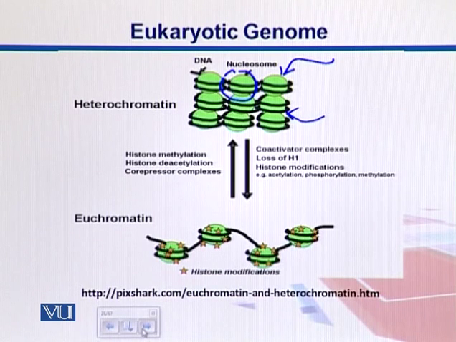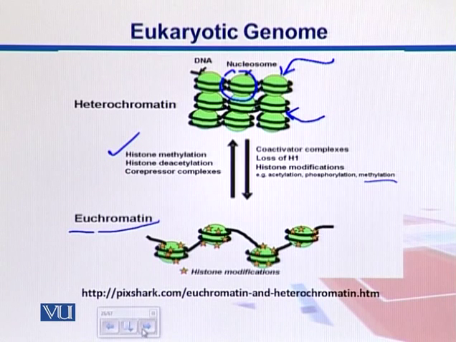Here we see them. For example, there are histone methylations in which methyl groups are added to the histones, and in that case the system moves this way, so it becomes euchromatin. In the same way, there are other methylations on other amino acids that can move it in the other direction.